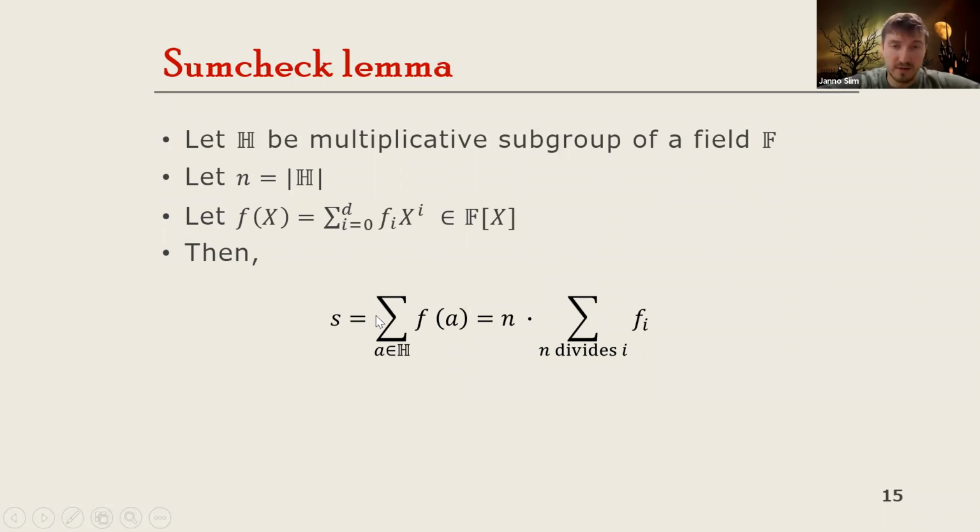If you have this sum over f, then that is actually equal to n, the size of the subgroup, times the following sum. You have the f_i's, the coefficients of f(x), and you add together those coefficients where n divides i. And that is equal to this whole sum. This is not a very complicated lemma to prove. I think our paper took maybe 4 or 5 lines, but it's mostly to observe this thing.